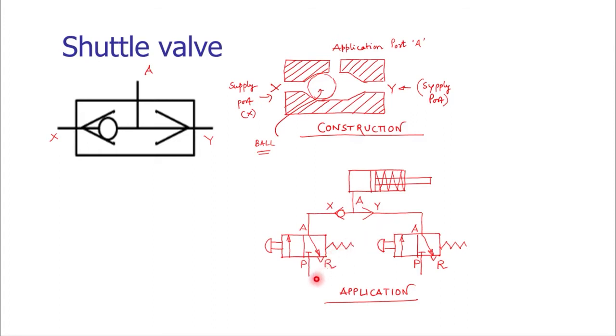As valve A is actuated, we get the compressed fluid at the X port, and through that we actuate the cylinder, extending the cylinder.